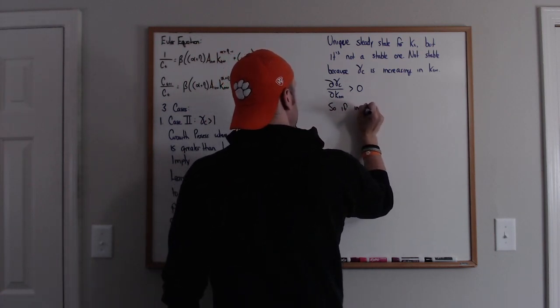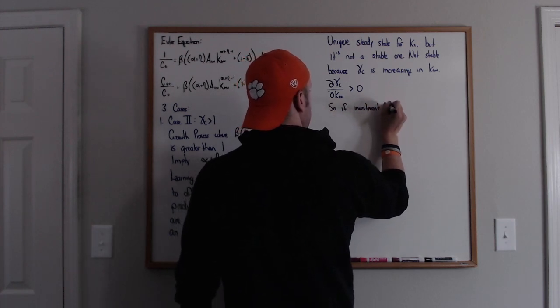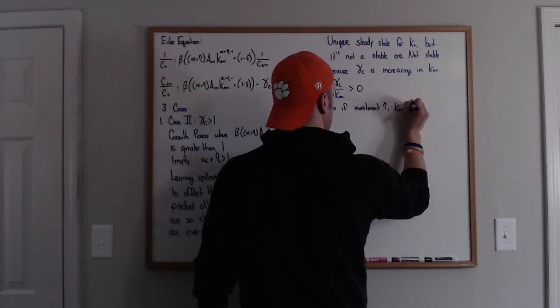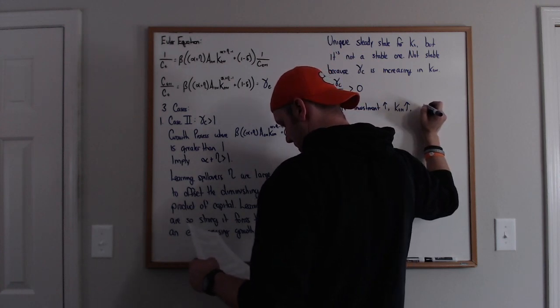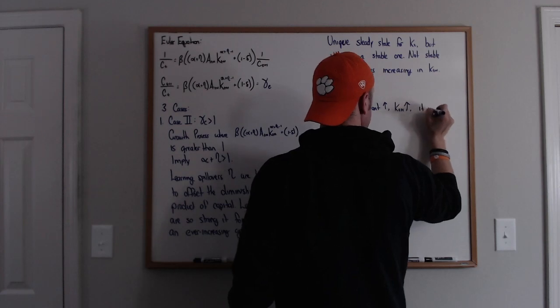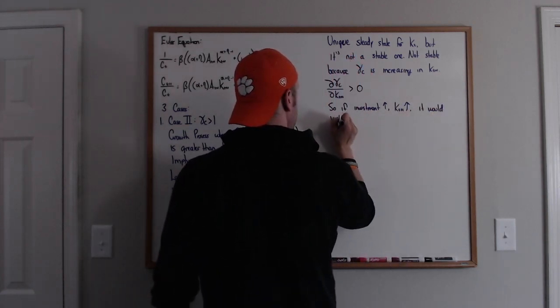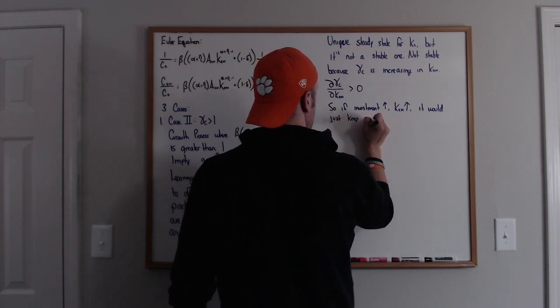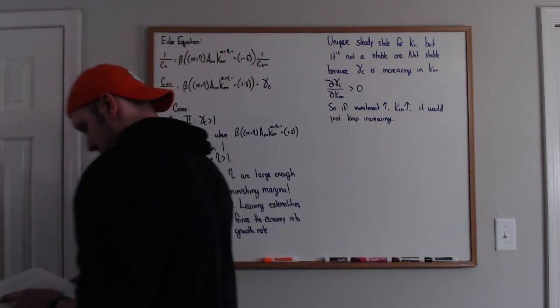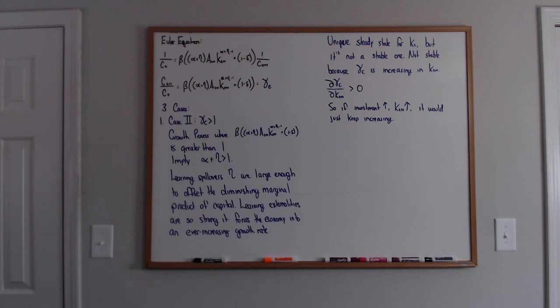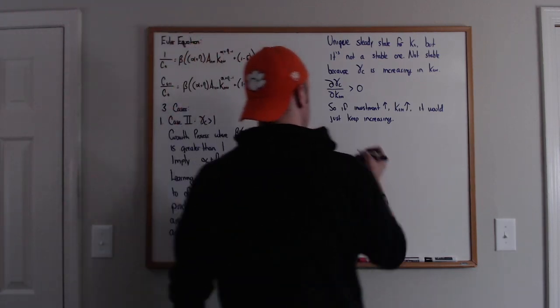So if investment were to increase, which implies that you buy more k sub t plus 1, it would just keep increasing. This is a form of explosive growth.